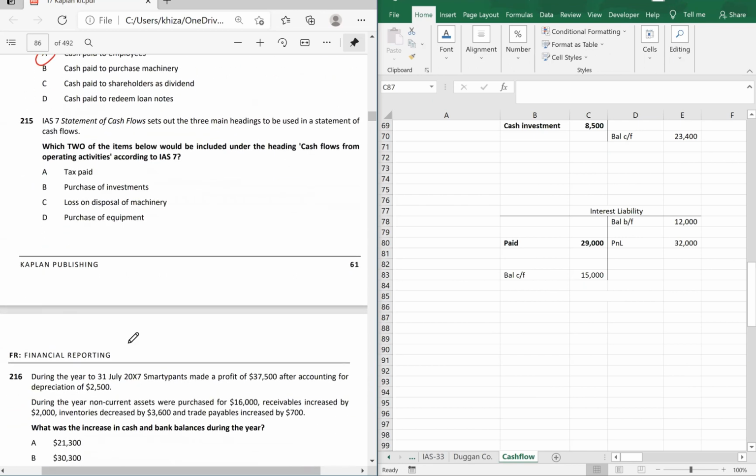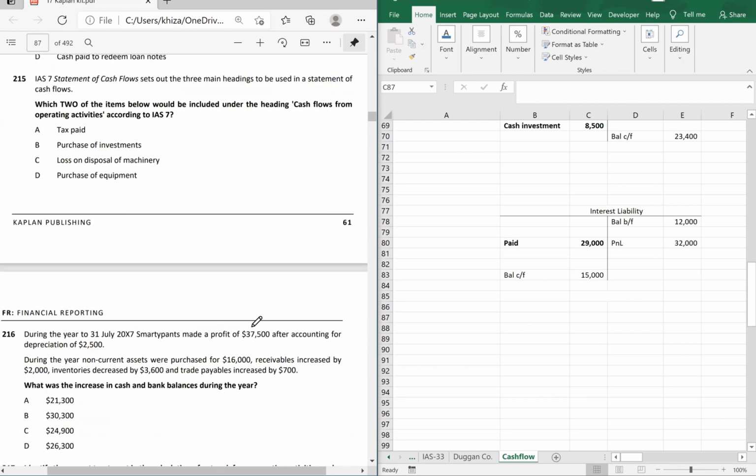IAS 7 statement of cash flows sets out three main headings to be used in the statement of cash flows. Which two of the items below would be included under the heading cash flows from operating activities? Cash flow from operating activities, guys.